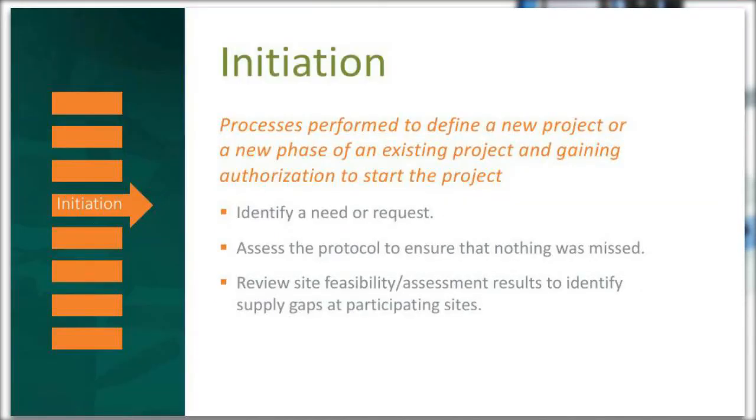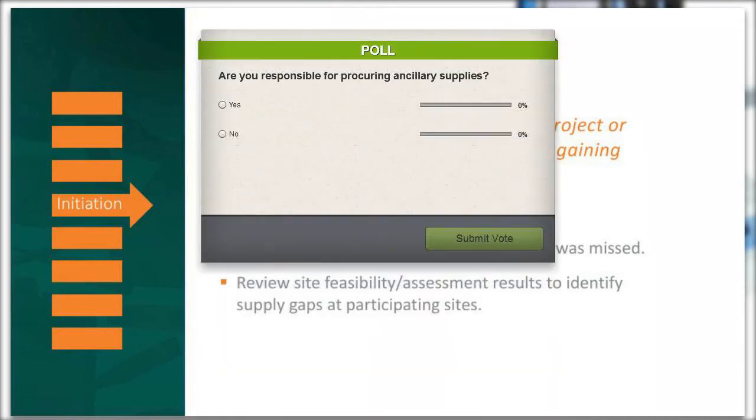Before we start our first process group, we'd like to run a small audience poll, and you'll see a question come up on your screen, and then we ask that you vote and supply your answer to this poll. The question you should see up there is, are you responsible for procuring ancillary supplies? So we're going to go ahead and pause a minute and allow you an opportunity to vote and put your answer in.